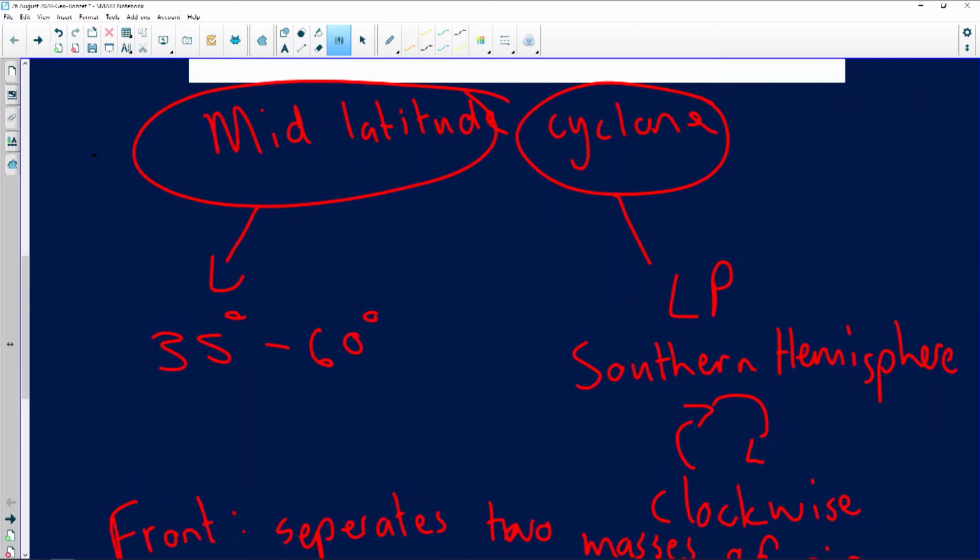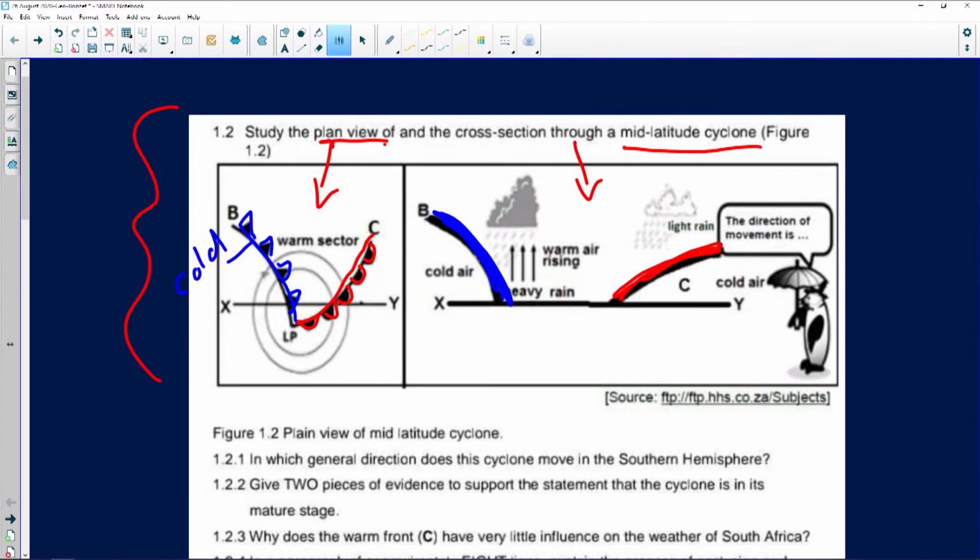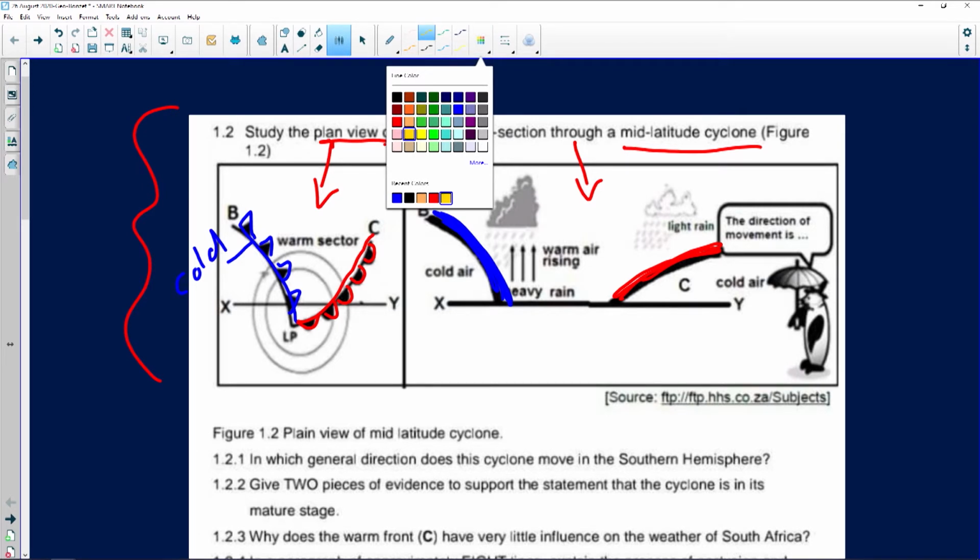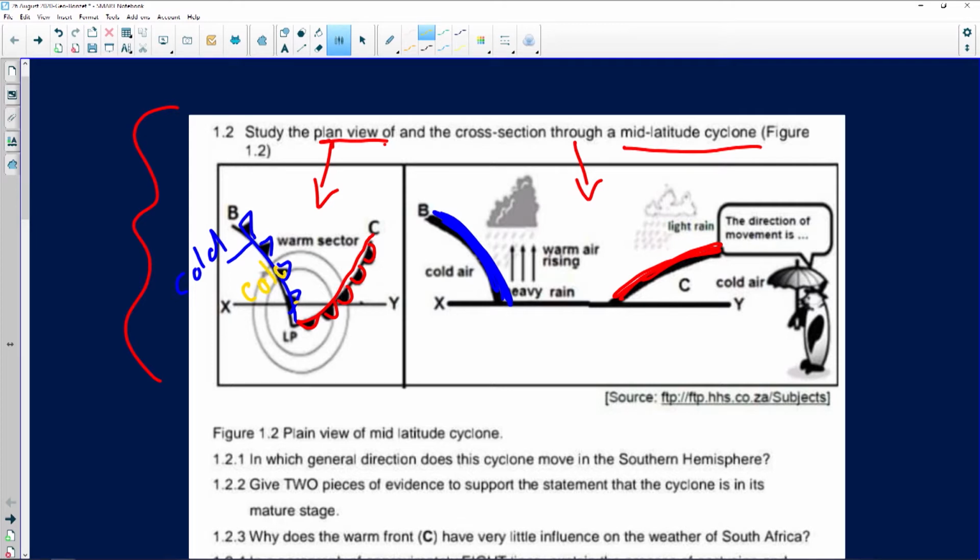Now, let's quickly have a look at our plan view. By looking at this plan view, we can make a couple of notes. That's the cold front situated over there. I've just mentioned a front separates two masses of air, so the cold front is the leading edge of cold air. So the air behind the cold front is going to be cold.